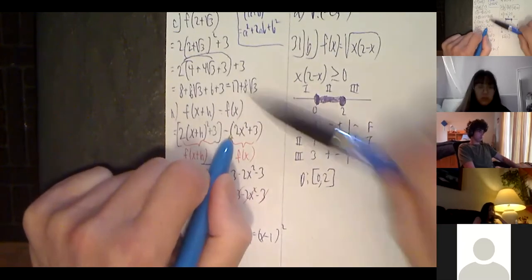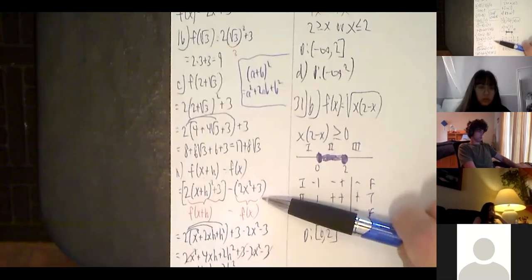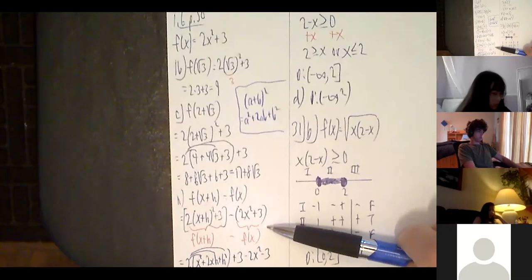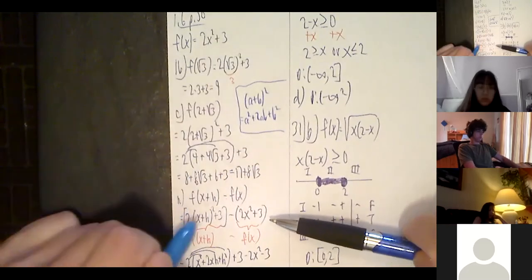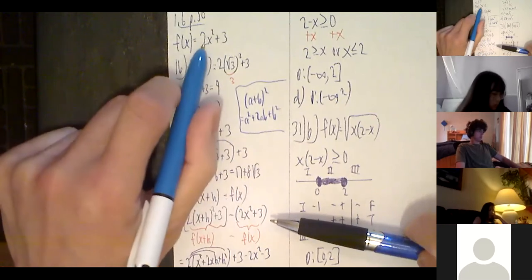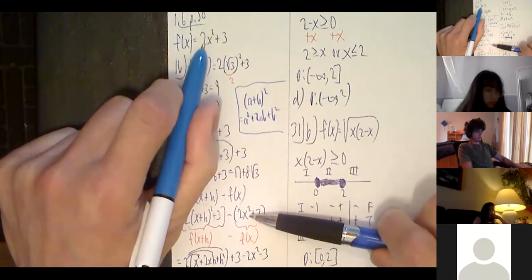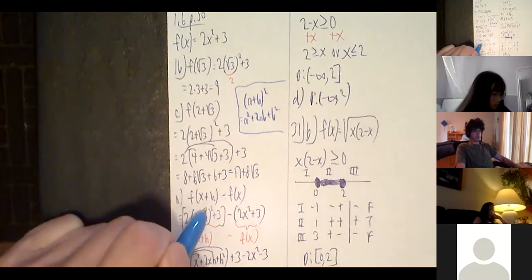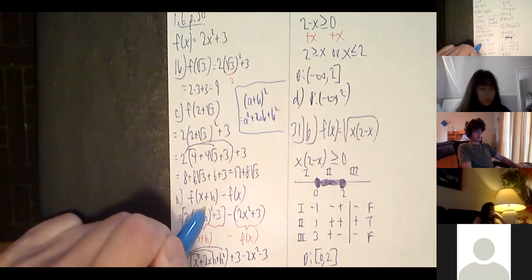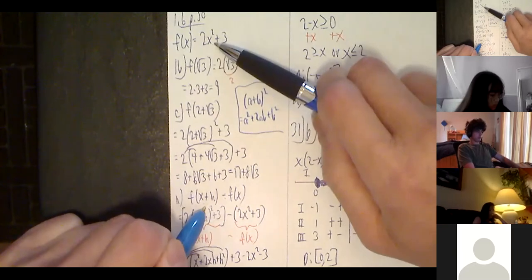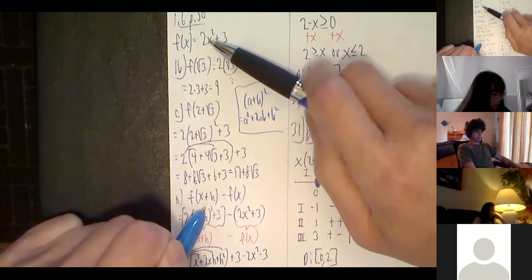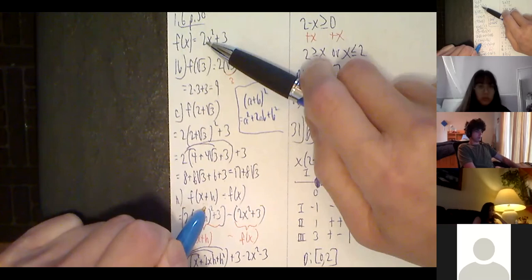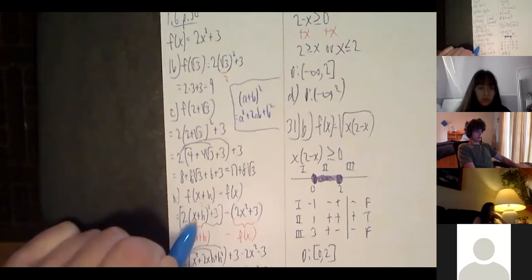That's not that bad, right? This was the original function. See if I can show you both at the same time. Right. The problem says minus f of x. Well, here's f of x. So that part is right there. The harder part is f of x plus h. So for f of x plus h, right here, erase the x, put parentheses, x plus h, and it's going to look like that.